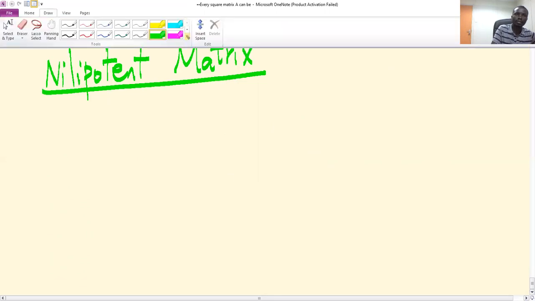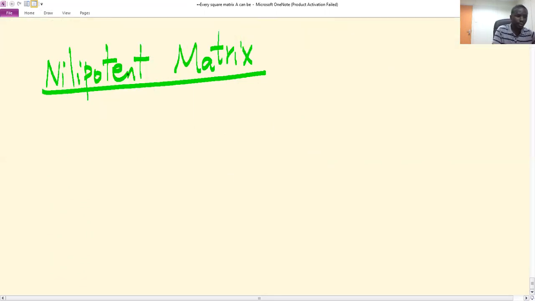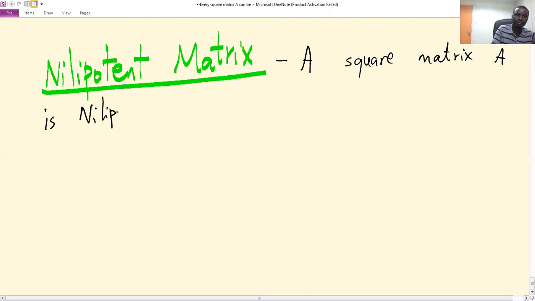We define this as a square matrix A that is nilpotent if A raised to the power k is equal to 0.